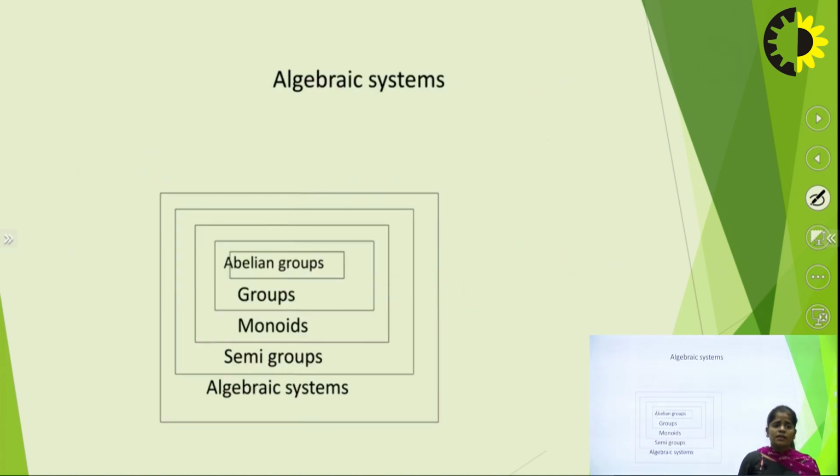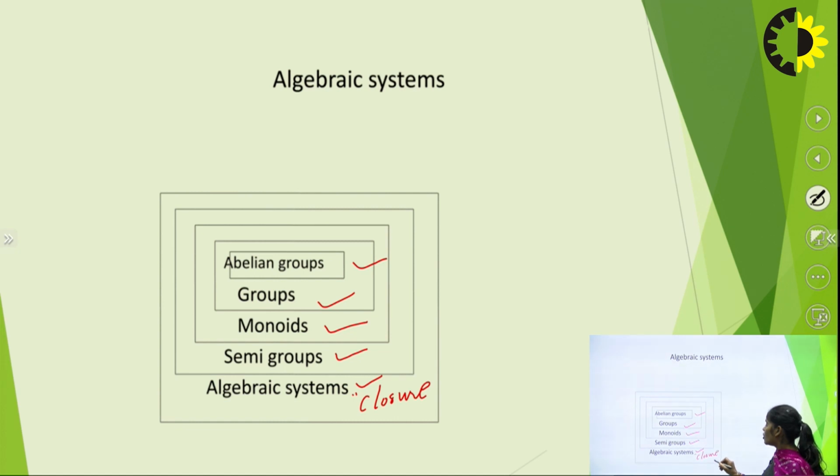The algebraic structure basically consists of 5 things. First is the algebraic system, second is semi-groups, then monoid, then group, then abelian group. As you see in this diagram, the algebraic structures consist of all 4. If I want to check whether a group is abelian, then I always have to check the closure property.